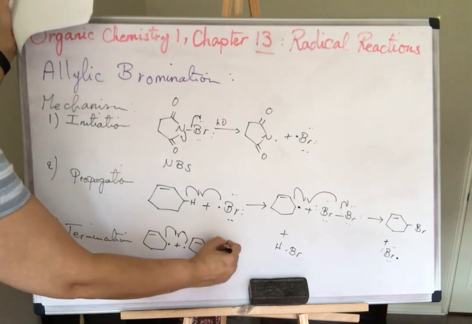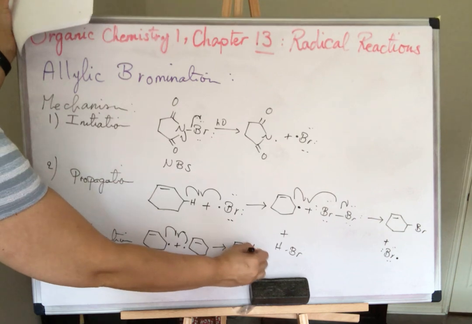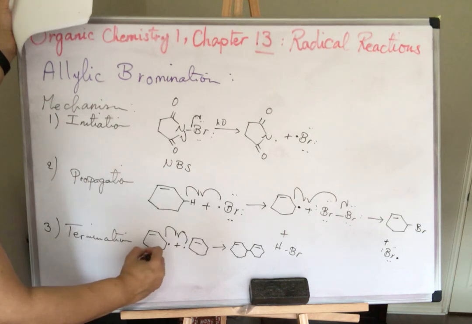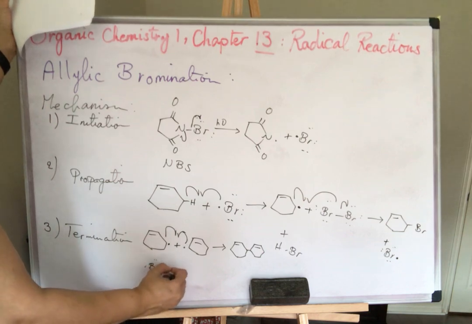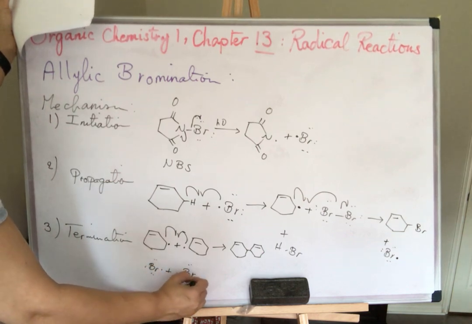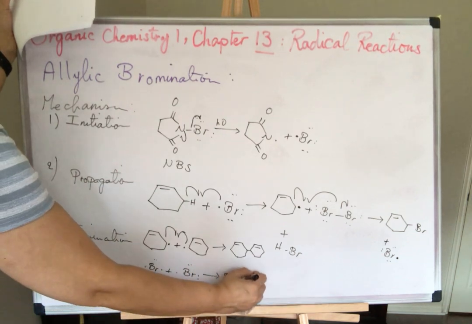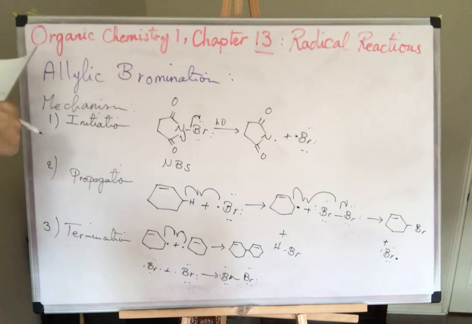Okay, so we can have this compound, or you can have two bromine radicals to form Br2 and feed the reaction. So that's the allylic bromination.